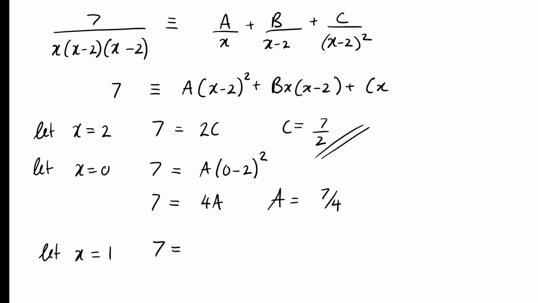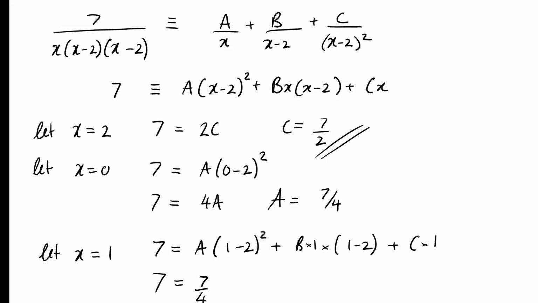7 is equal to a times 1 minus 2 squared plus b times 1 times 1 minus 2 plus c times 1. So a is 7 over 4. 1 minus 2 is minus 1, so squared, it becomes 1.